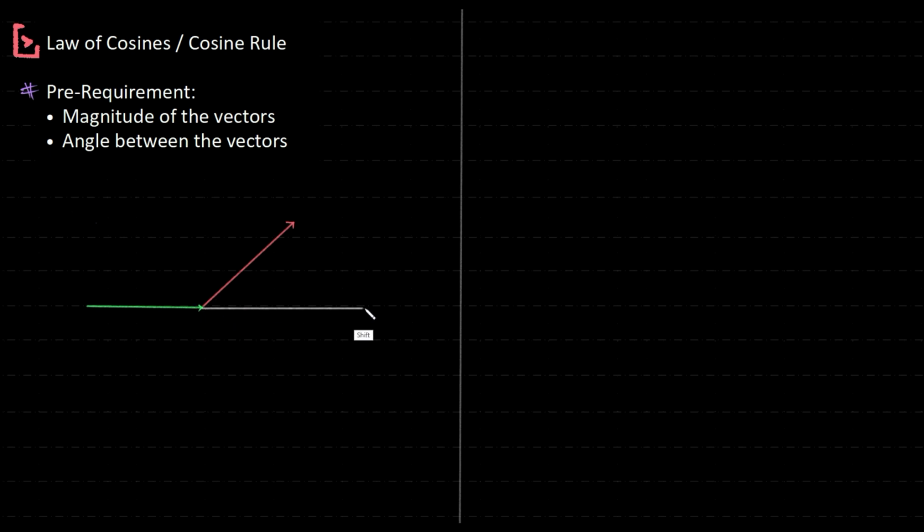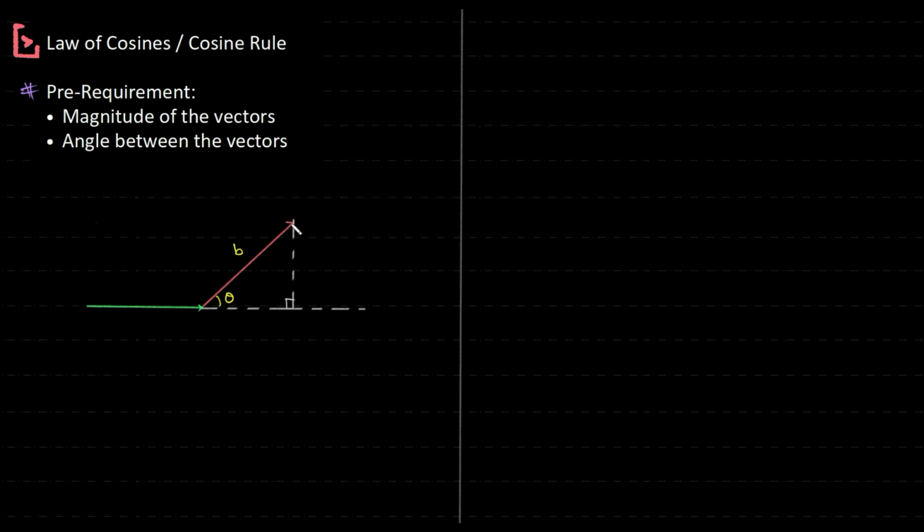Then we are looking at projecting onto the x-axis and the y-axis, thus making this 90 degrees. So this would be b and this is theta.